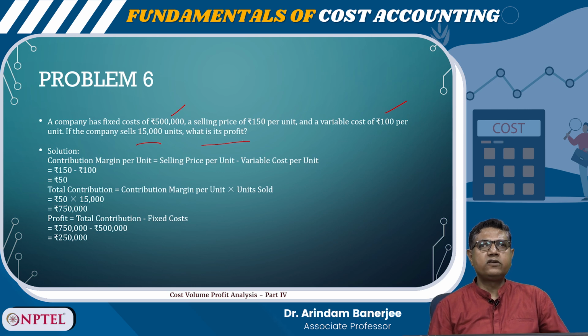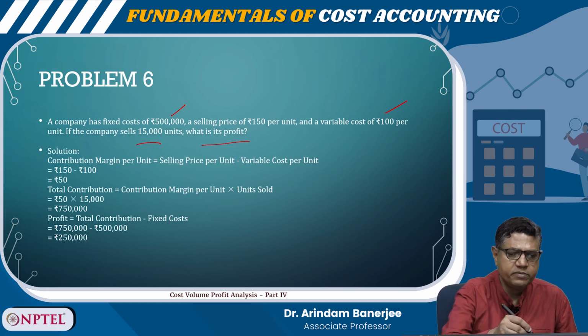So, the fixed cost is given, rupees 5 lakh, the selling price is 150 per unit, the variable cost is 100 per unit, and the company sells 15,000 units. So, what is its profit?